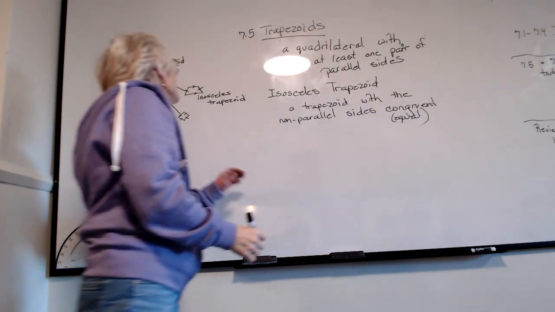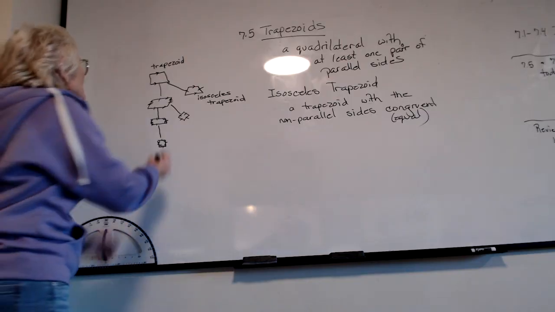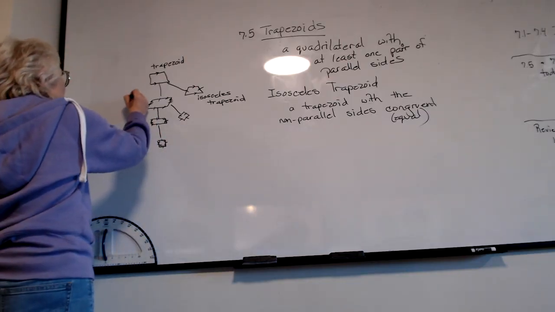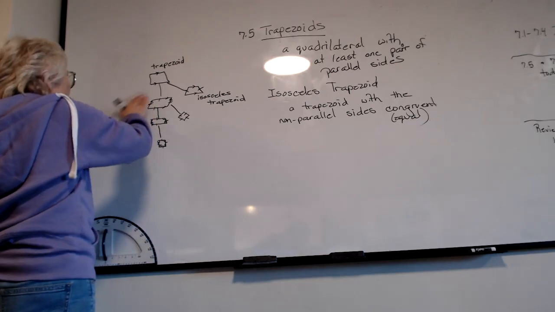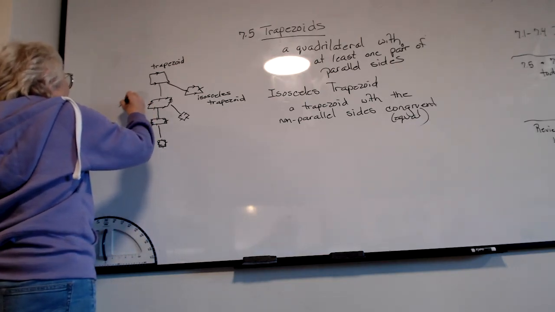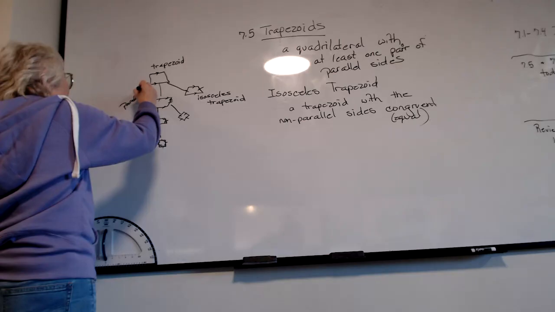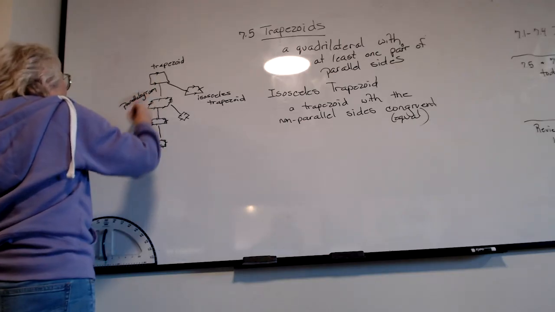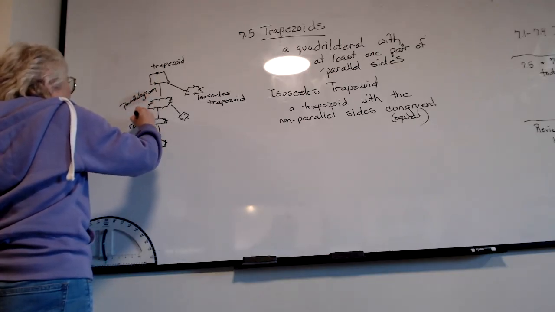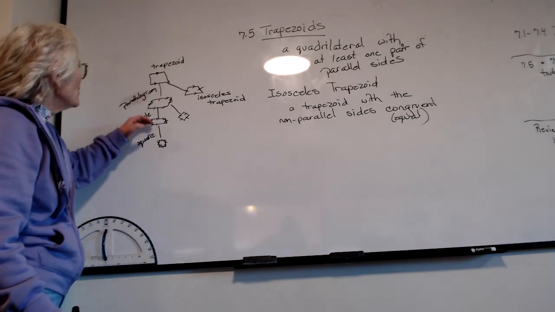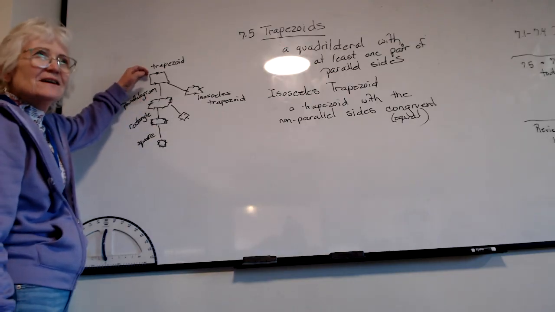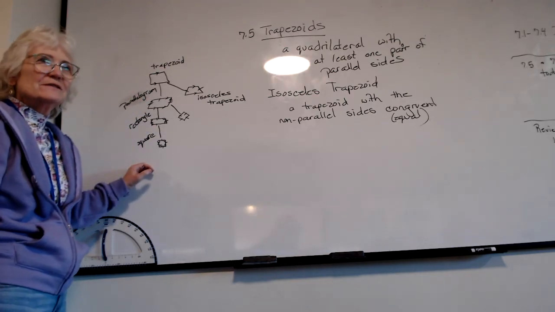Okay, so basically these are all the different ones we've looked at so far. That's a parallelogram, rectangle, square. So if you have a square, all the things that are true about these are also true about the square.